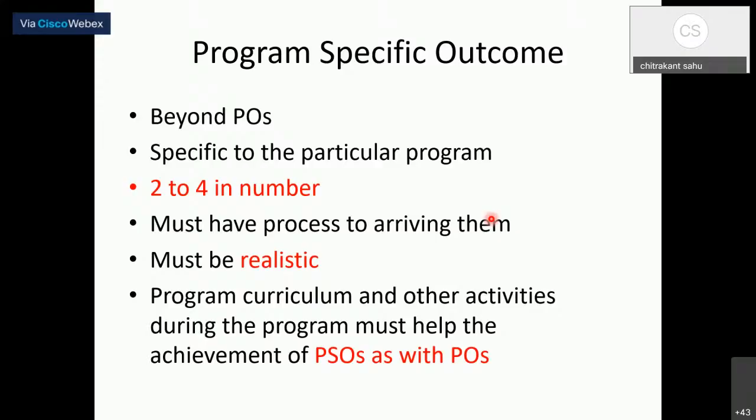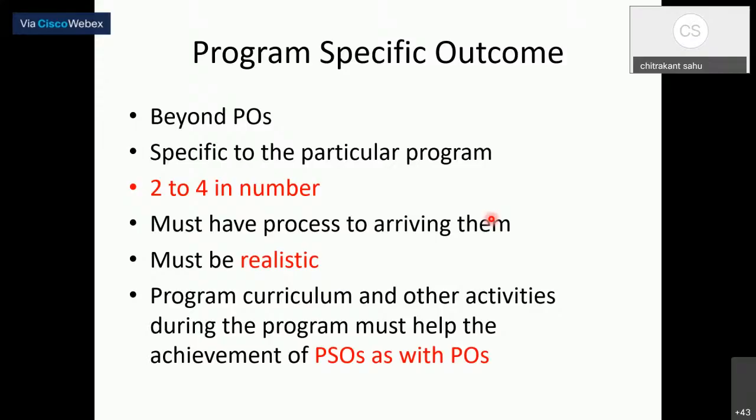There should be a proper workflow showing how you have defined the program specific outcomes, by some committee members, a group of faculty members, taking feedback from the industry, from the students as well as the alumni, and some from the academic associates.